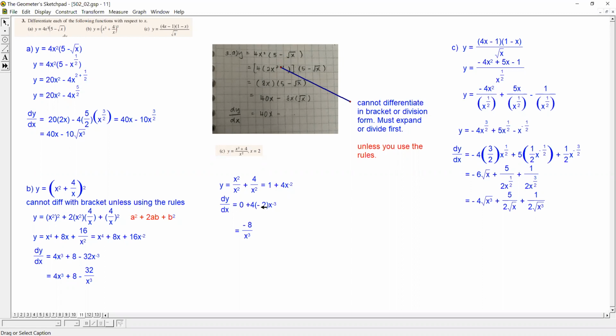Now this negative 8 is at the top, so you write it on top. x to the power negative 3 is at the bottom. Okay, right. So now you know how to do this basic differentiation.